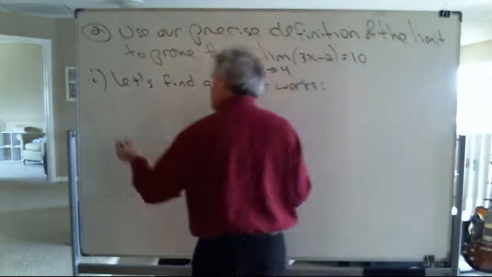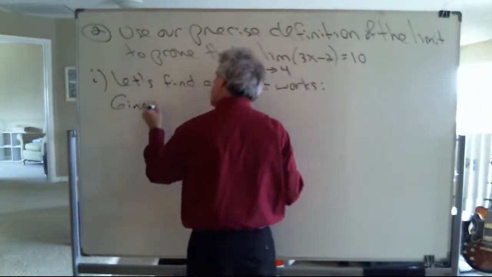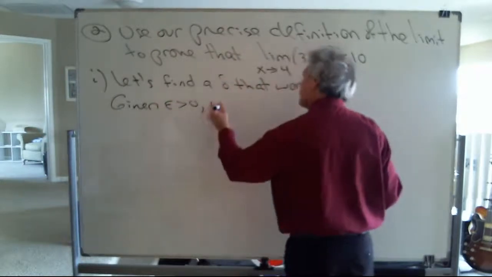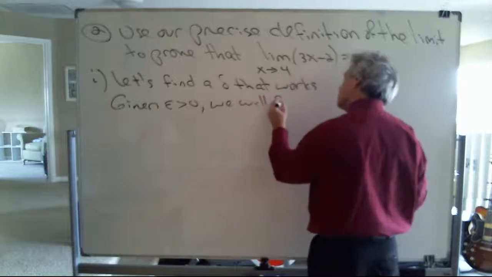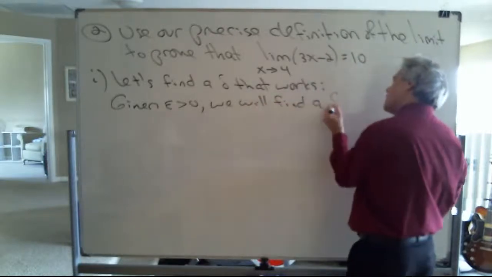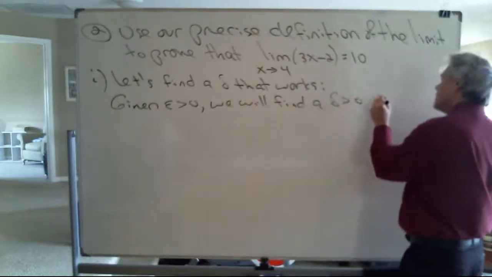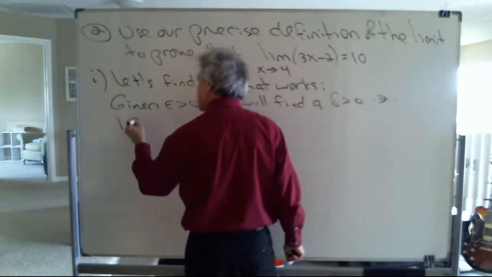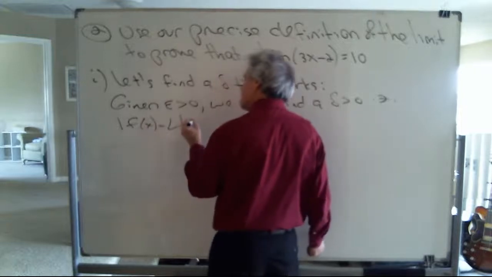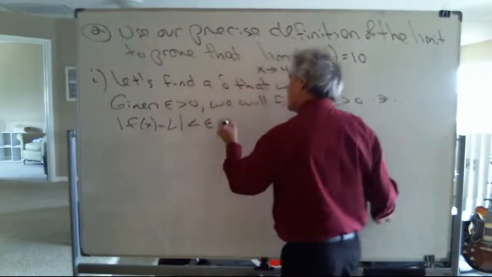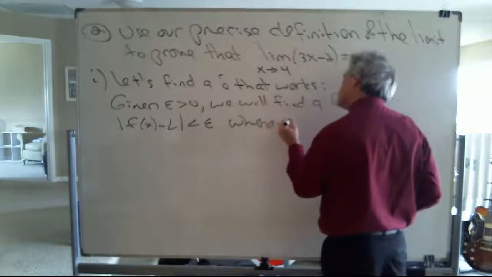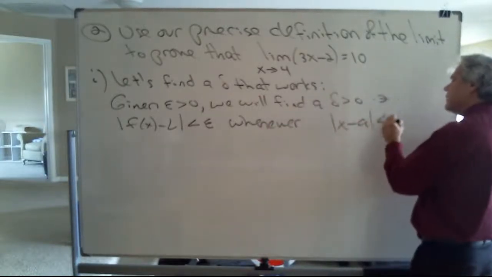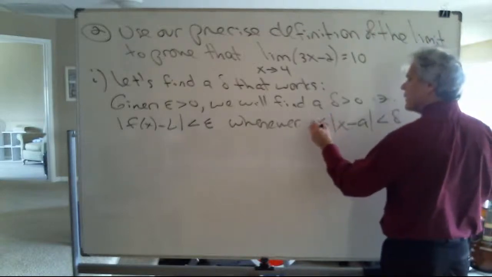Given an arbitrarily chosen value for epsilon, we will find a positive value for delta such that in absolute values, the deviation between f of x and L is no more than epsilon units whenever, in absolute values, x minus a is less than delta, but we don't care if x is equal to a.